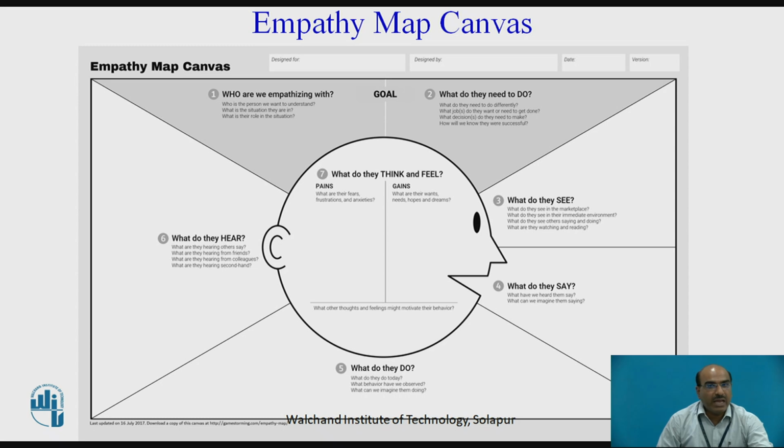Then comes a helpful empathy map canvas for getting much more detail about your user. This canvas shows how a user, through all the organs of senses, can prompt you about specific needs, wants and desires. The first part is what they see and what they say. These two organs, the eye and the mouth, carry whatever expressions they want to give.